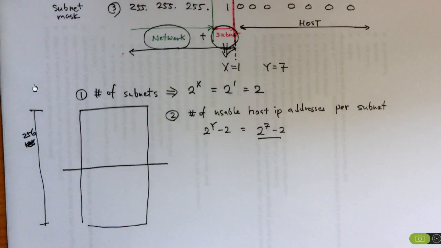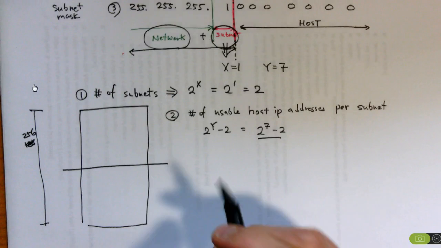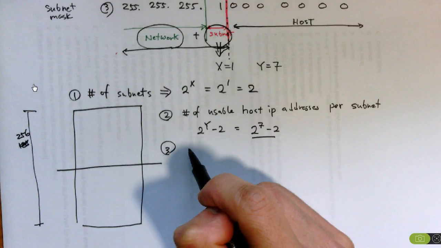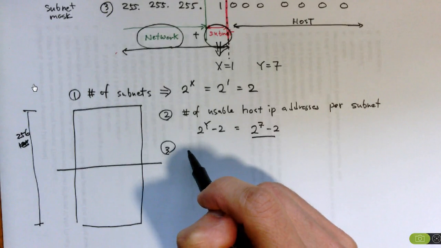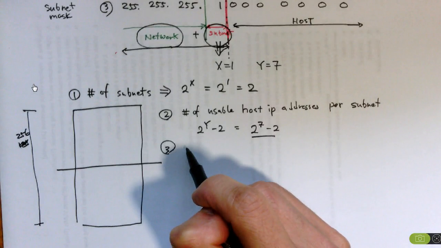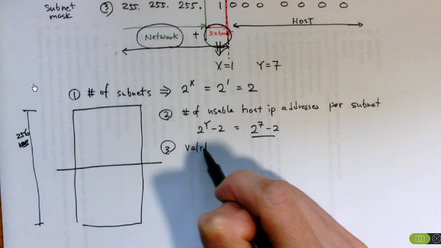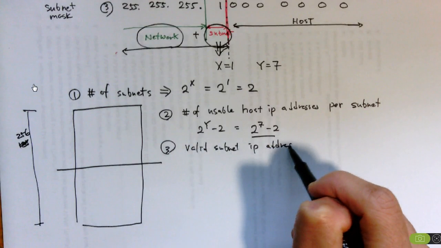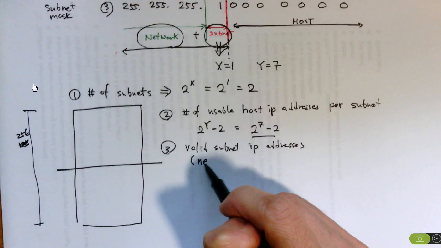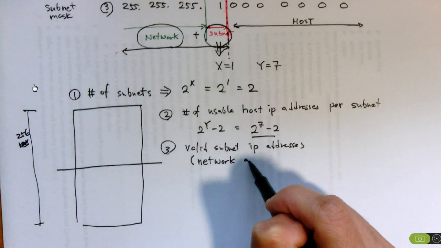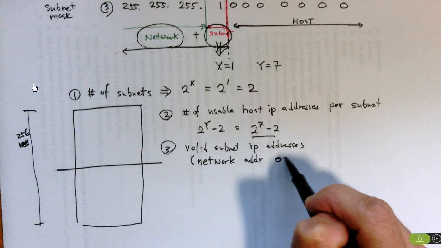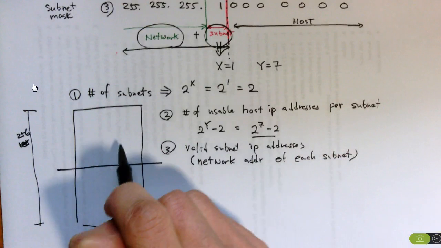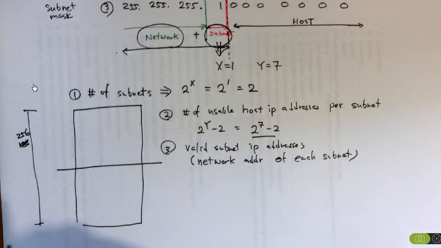Number 3. What is a valid subnet IP address? The valid subnet IP addresses are the same as the network address of each subnet. So what is the network address for subnet 0 and for subnet number 1?